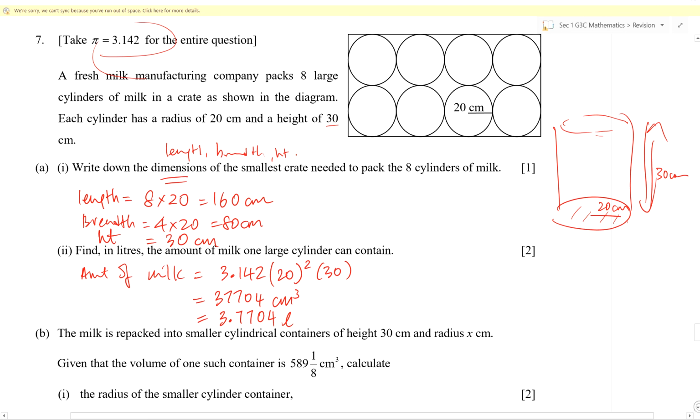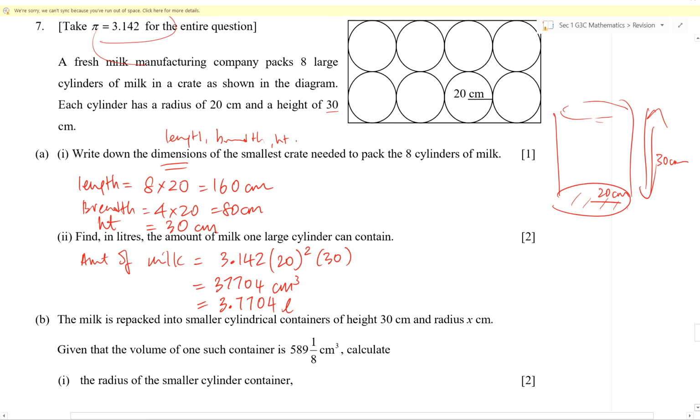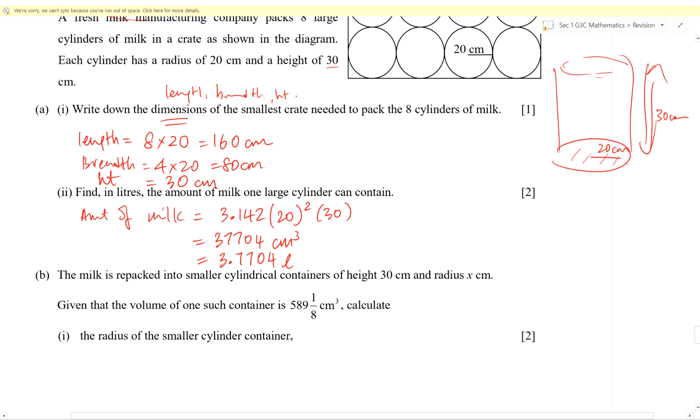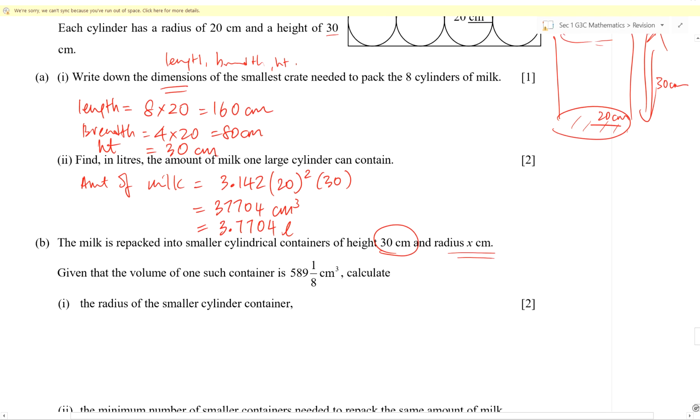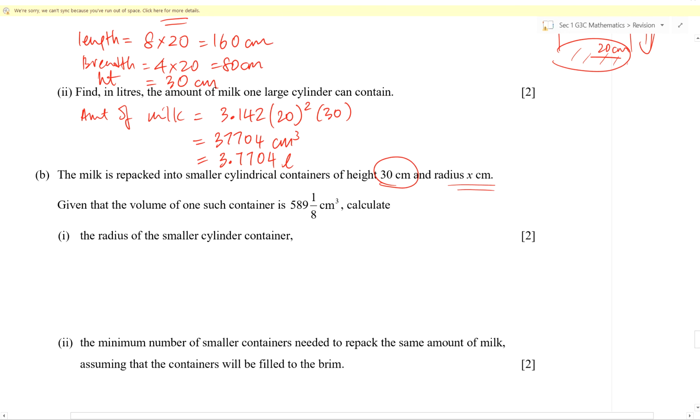Now in part B, the milk is repacked because they realize it's quite ridiculous to have such big packets, into smaller cylindrical containers. The height is still 30, but the radius is now x. Apparently the volume of one such container is this. Calculate the radius. Similar to the previous question, instead of working backwards, we're going to write down the formula.